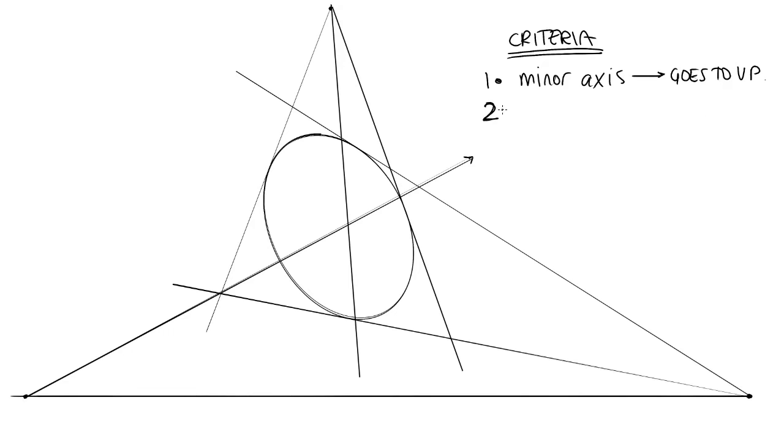And the second one is we want our contact points to align to another vanishing point. Now let's take a look at actually drawing cylinders.